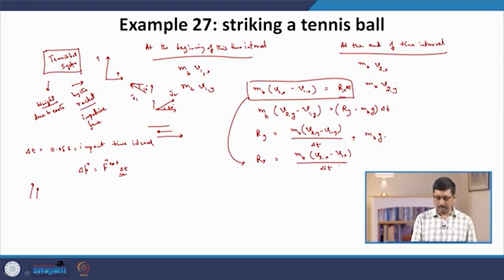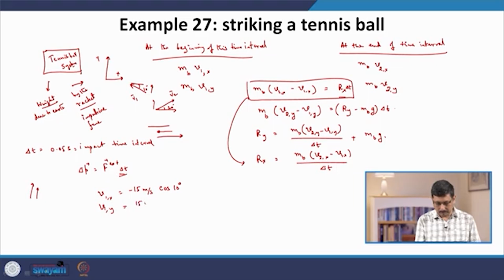So, let us now write down the values. v1x is equal to 15 meter per second times cos 10 degree, and this is in the negative direction. v1y is in the positive direction, so this is 15 meter per second into sin 10 degree.